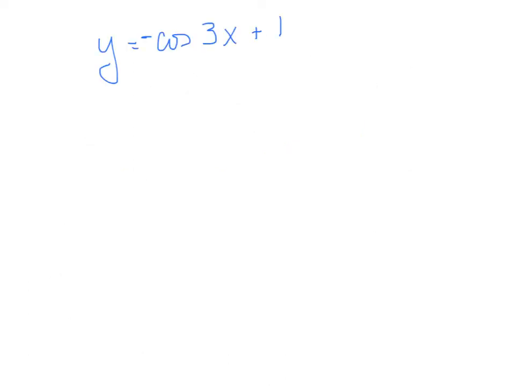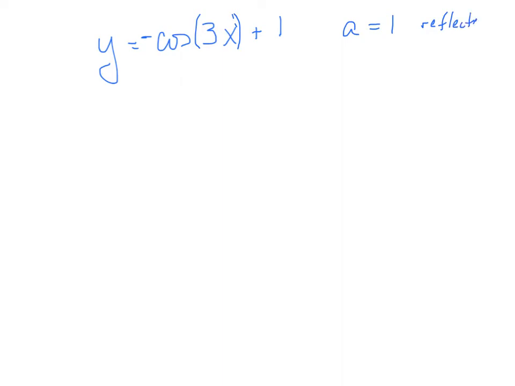Okay, so this graph, y equals the negative cos of 3x plus 1. My angle here is represented by 3x. And what I will do is list over here my amplitude, which is a 1, but remember it's reflected because of the negative.